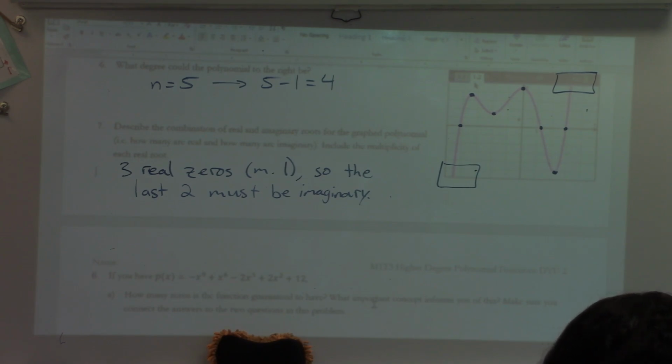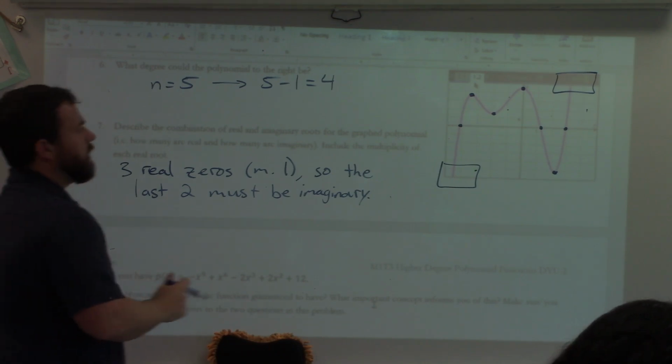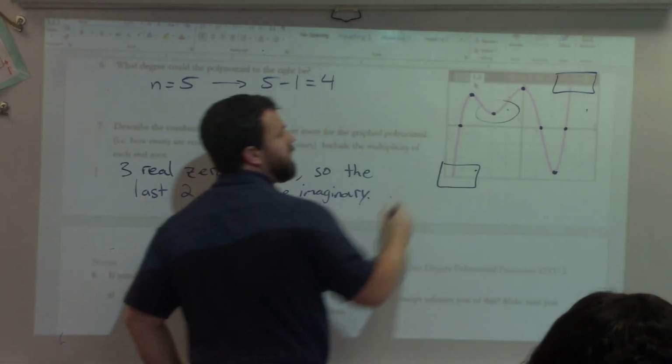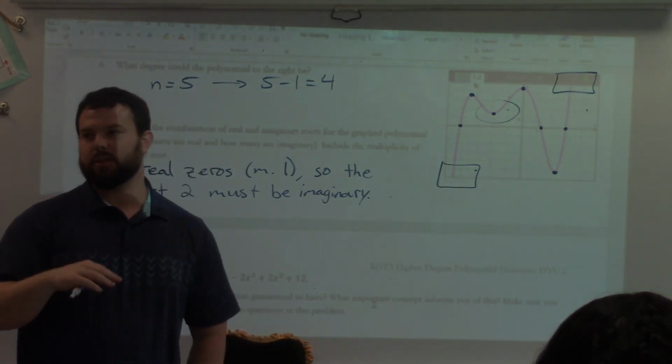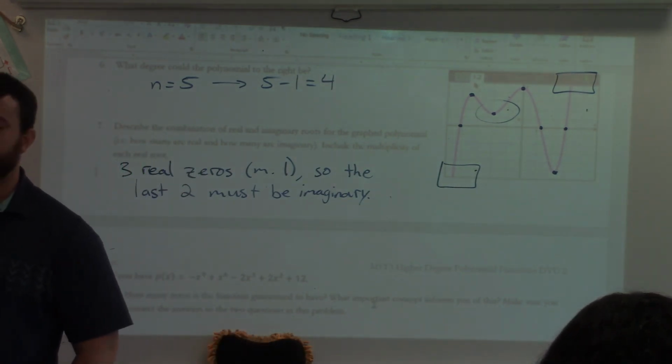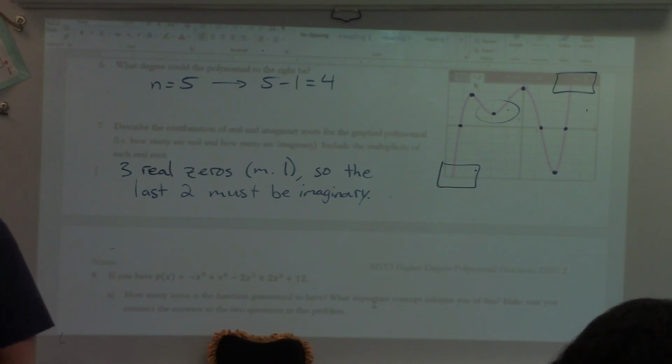All right. So the last two must be imaginary. That's the justification. I think at least a couple of students said, oh, there have to be imaginary here. The idea, I think, is because there's a turn. But remember, quite literally, imaginary are imaginary because we cannot see them. You can't see those imaginaries.